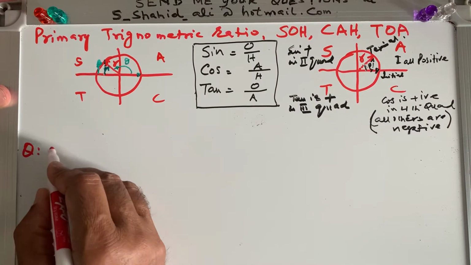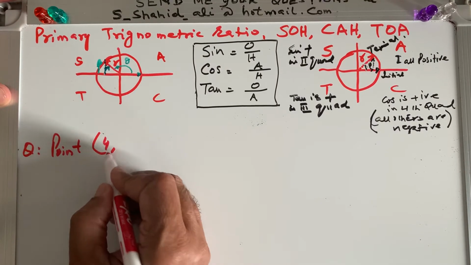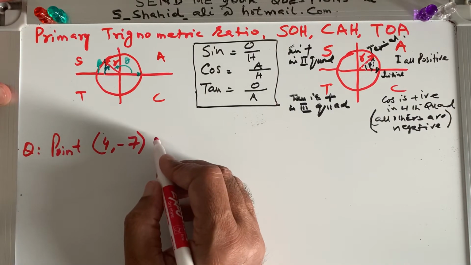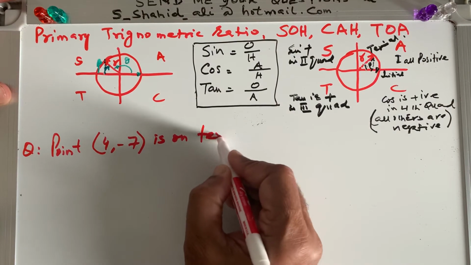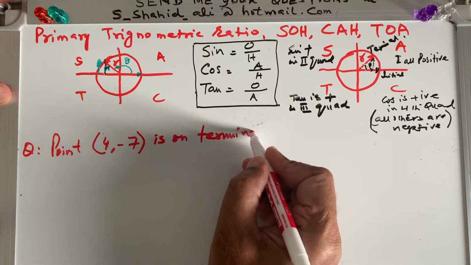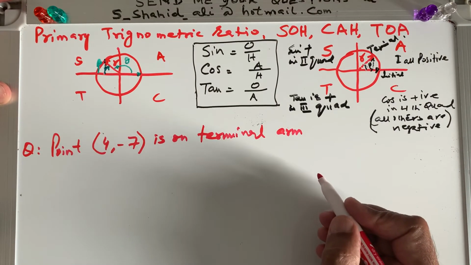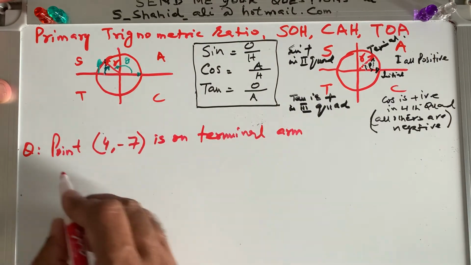The question is: point (4, -7) is on the terminal arm of an angle theta in standard position.